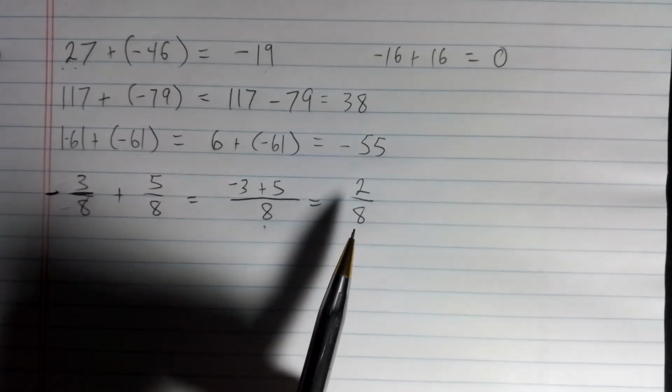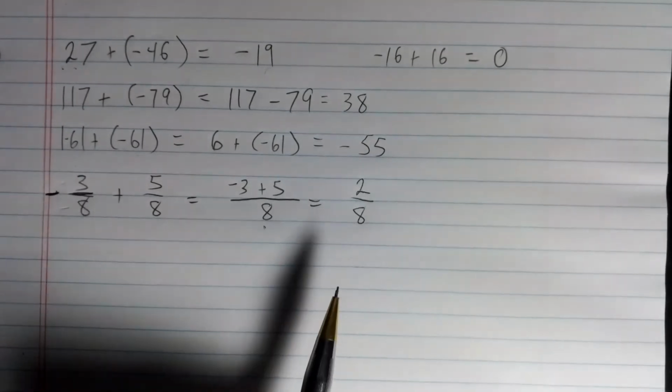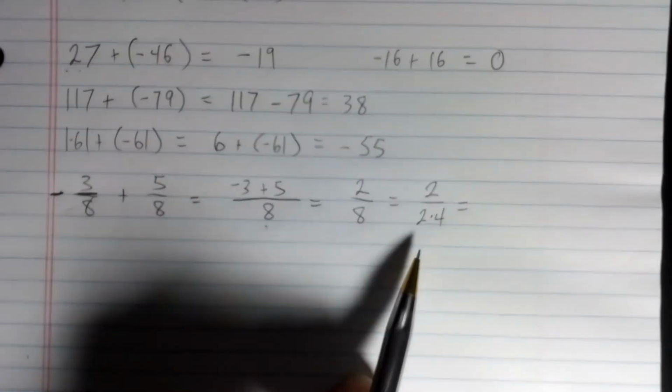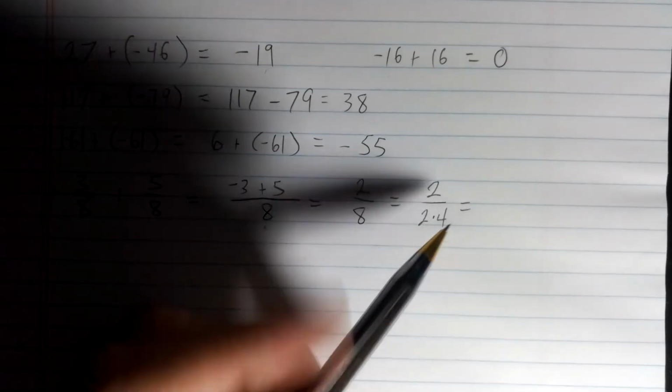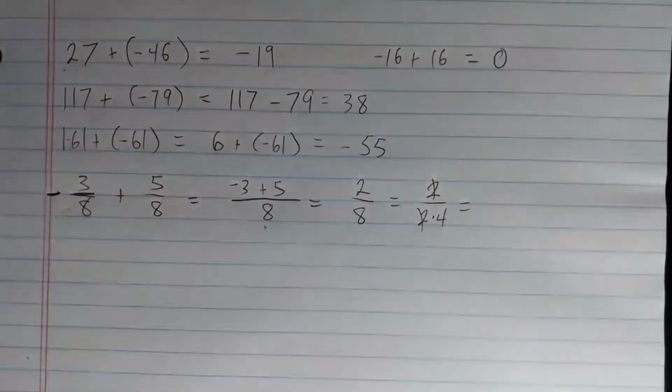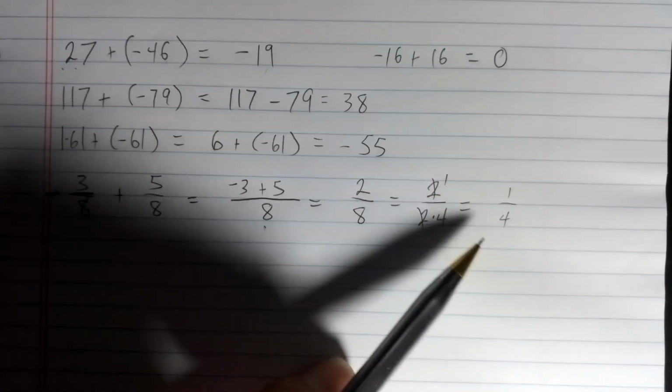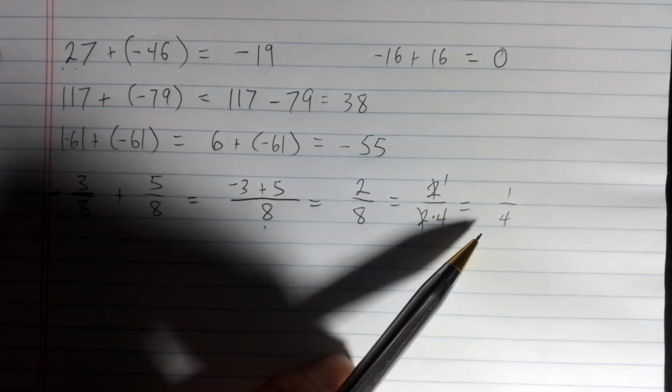Negative 3 plus 5 becomes 2, and we still have the 8 on the bottom. When I look at how to reduce this, I end up with a 2 over a 2 times 4, so my 2's cancel. Don't forget my 1, and I end up with 1/4.